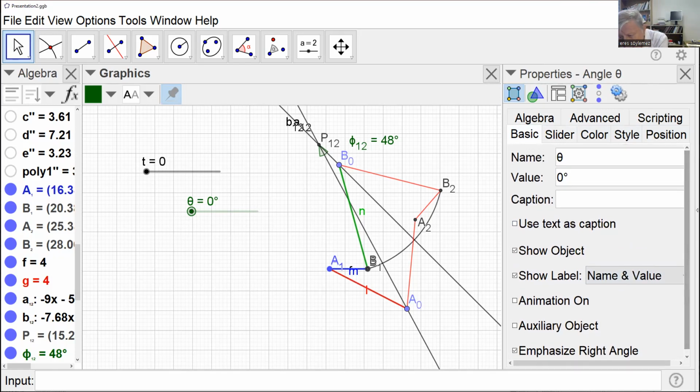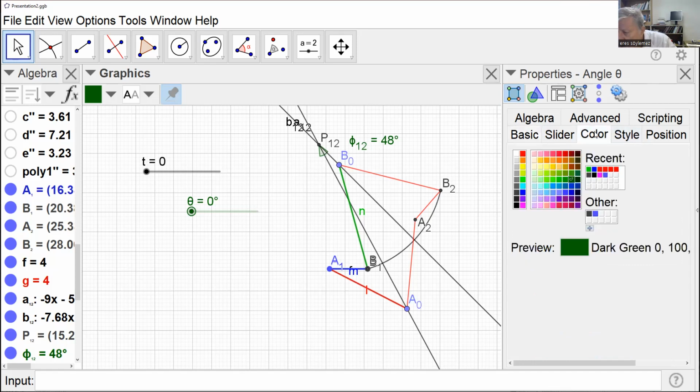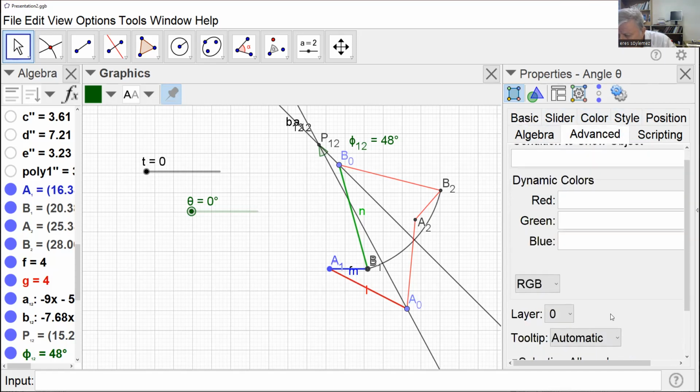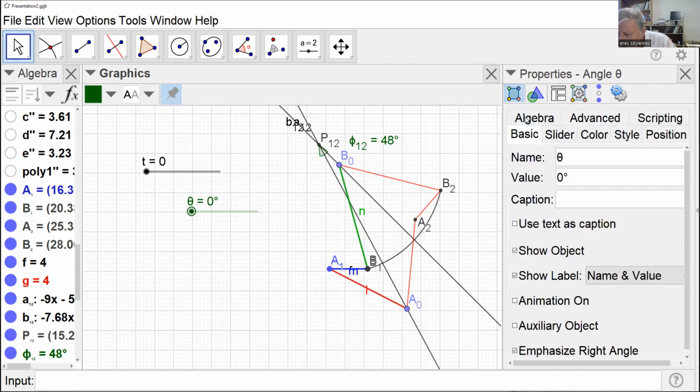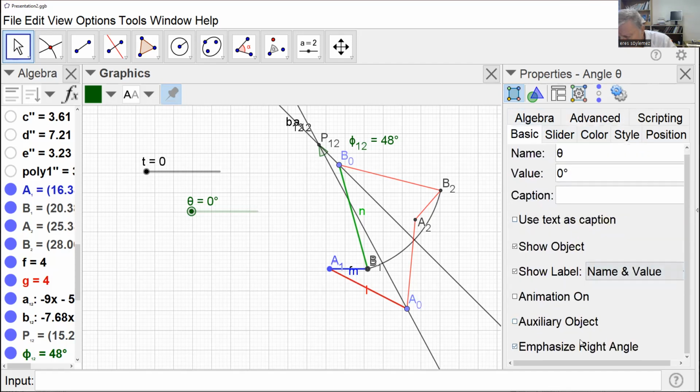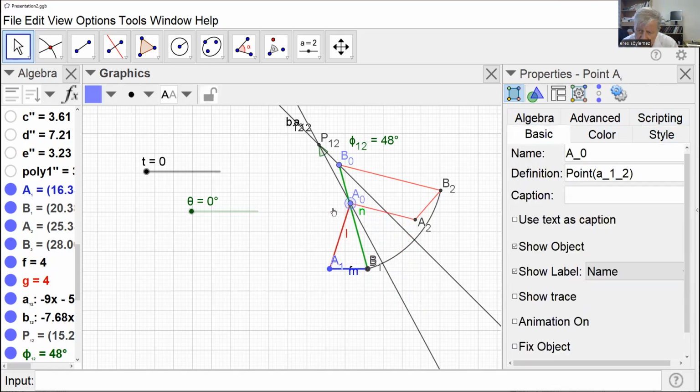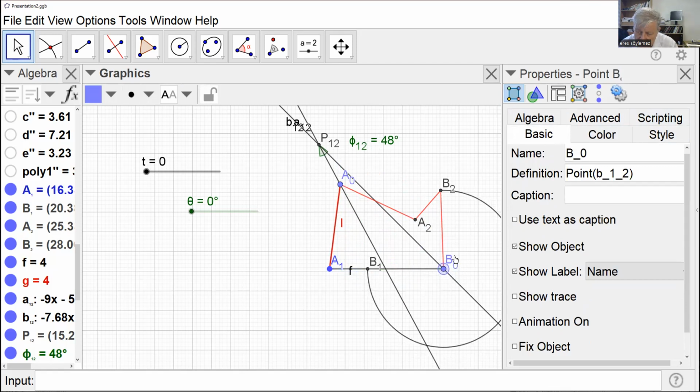It should be somewhere here, but I couldn't find it. It has to rotate counterclockwise. Let me do it like this, to rotate it counterclockwise.